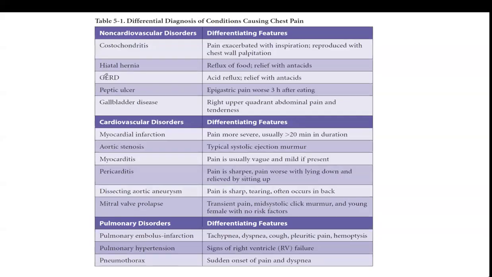You can see in here that these are the commonest presentations of various chest pain. Like if it is myocardial infarction, the pain will be severe and usually lasting for more than 20 minutes. In a patient who has pericarditis, we know it is sharp pain, gets worse with lying down and relieved by sitting up or leaning forward.